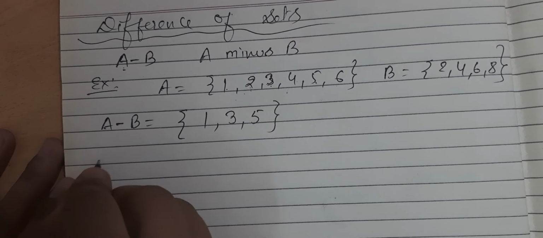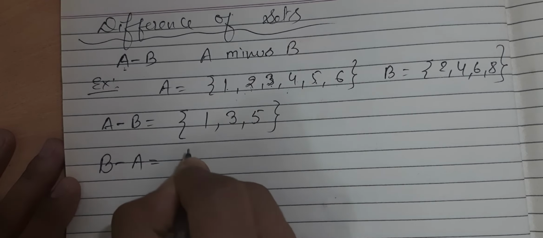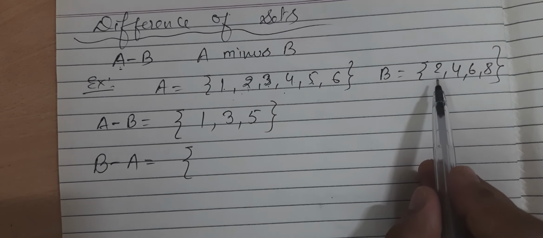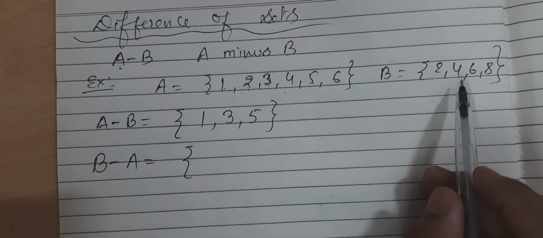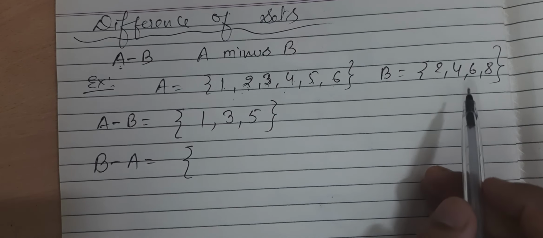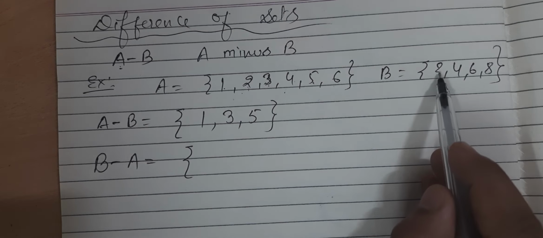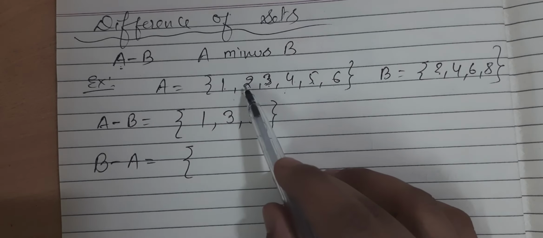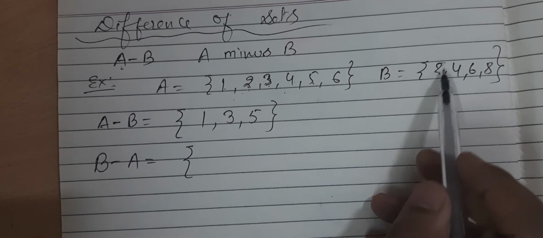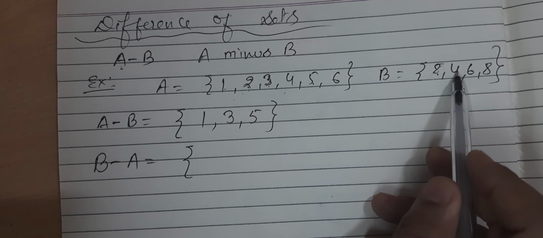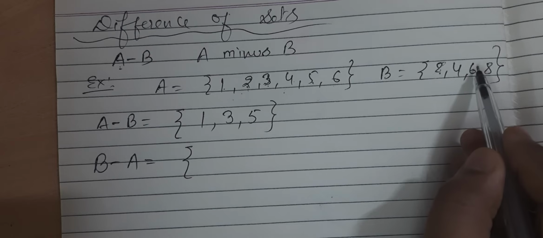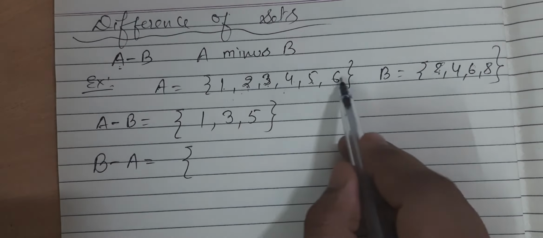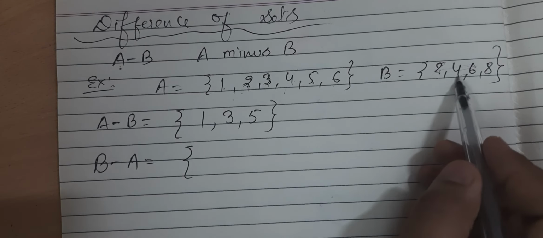Now similarly, how to find B minus A? B minus A means from set B we'll delete all the elements which are in set A also. We have 2 in B, but we also have 2 in A, so we will omit this 2. 4 we have in B but also in A, so we'll omit this 4 also. Similarly, we have 6 in B as well as in A, so we'll delete all the 3 elements.